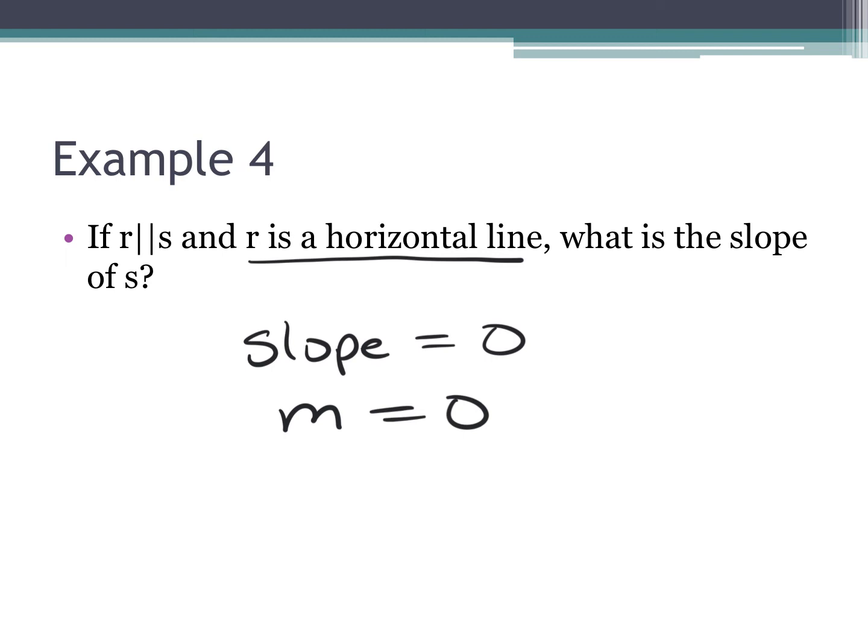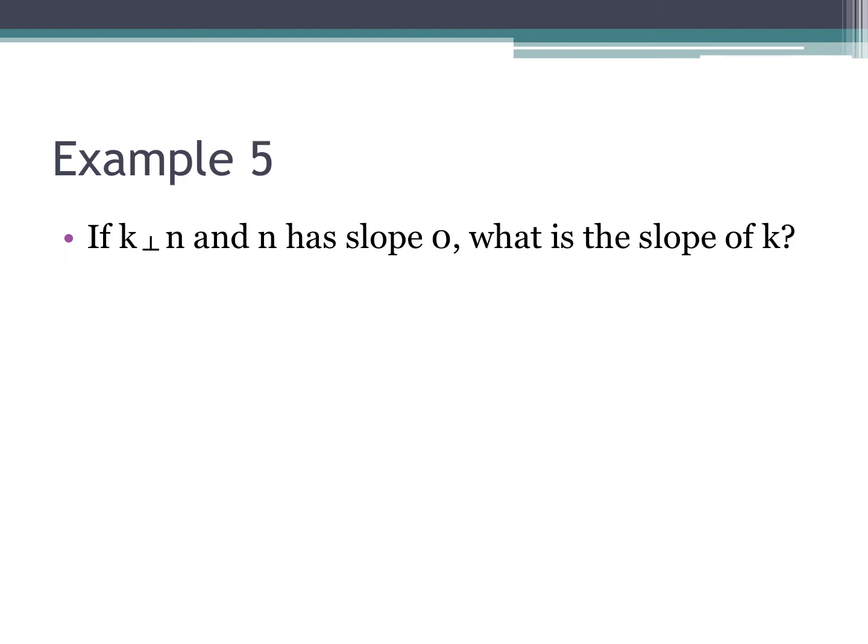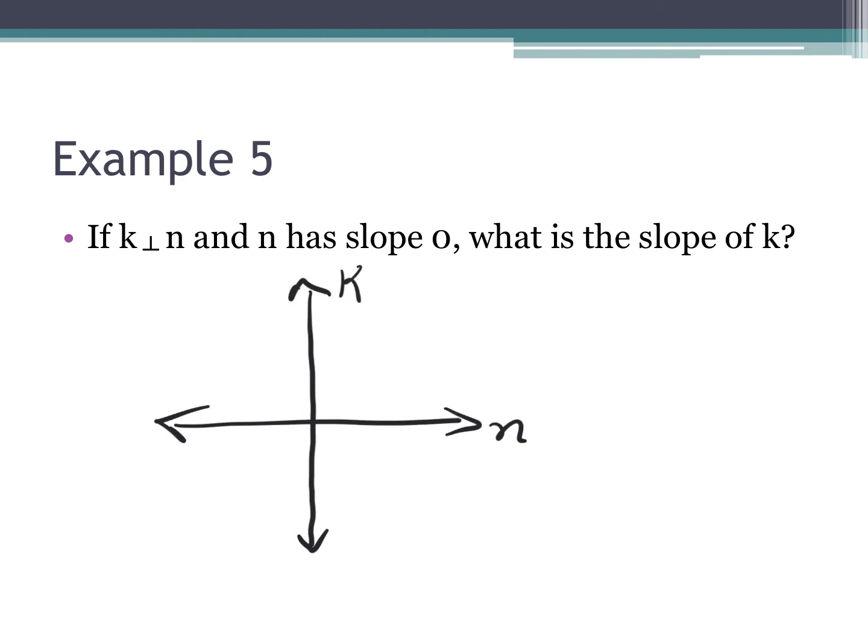Let's try the next one. If K and N are perpendicular and N has a slope of 0, what is the slope of K? Well, again, we already know that N, if it's got a slope of 0, it's going to be a flat horizontal line. And we learned on the slide the perpendicular theorem. We know that the slope of horizontal and vertical lines are always perpendicular. So K is going to be vertical, making its slope undefined.